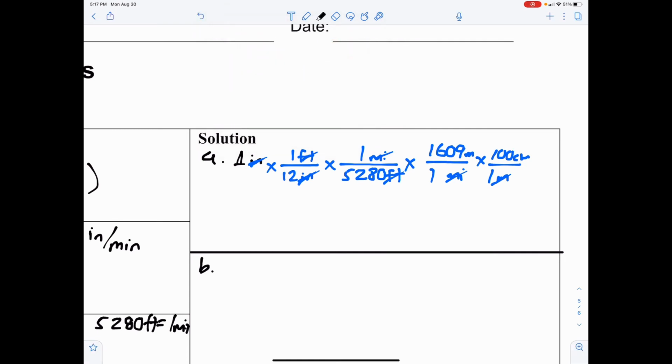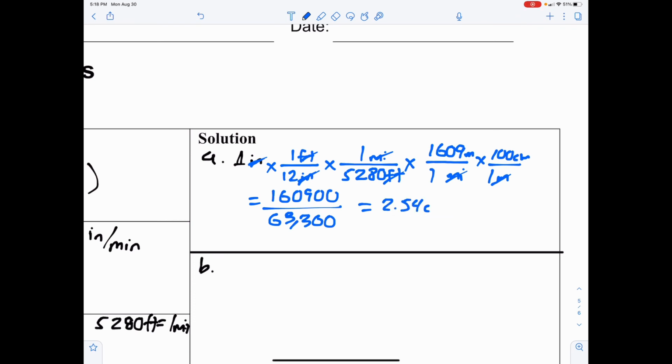We are multiplying 1 times 1 times 1 times 1 times 1609 times 100, and it's going to be 160900 over, if I multiply 12 times 5,280, I get 63,360. And if I divide those two, I get 2.54 centimeters.